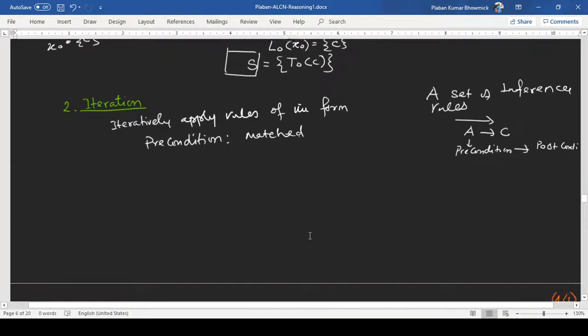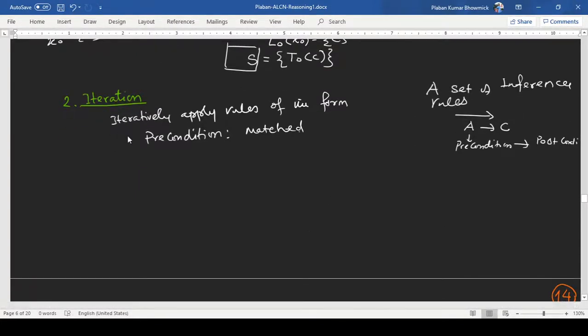And the post condition. Post condition will impose some changes in the tableau state, right? So we'll arrive at a new tableau state, right? Let's assume that this new tableau state is ST, right?